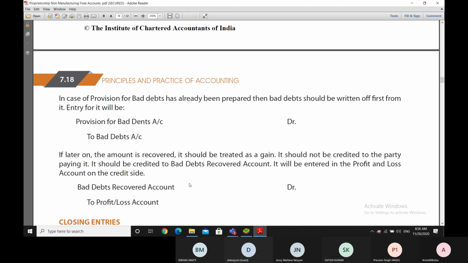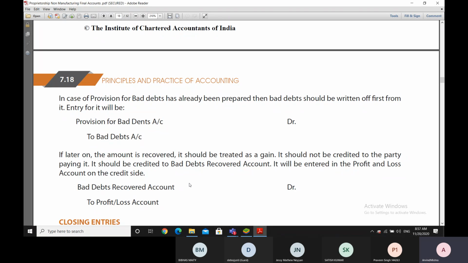First of all, the entry we will make here is that we will debit the customer and credit the bad debts recovered account, because this is the bad debts recovered by us, and thereafter we'll debit the bad debts recovered account and credit the profit and loss account.